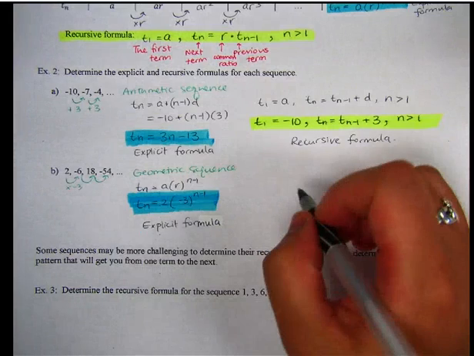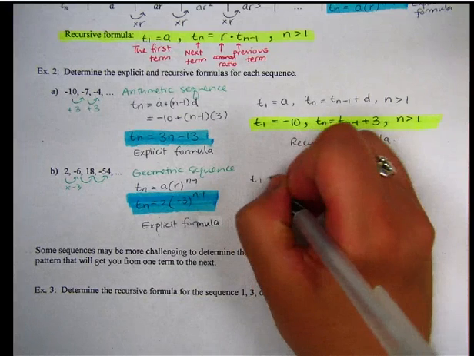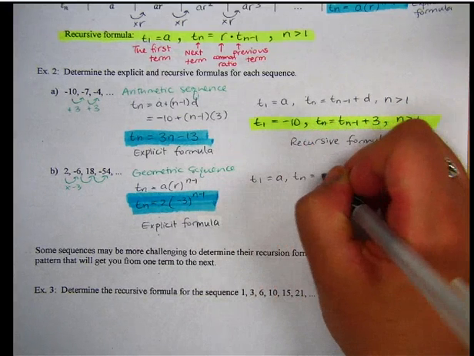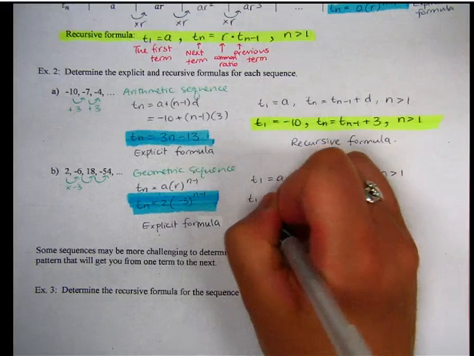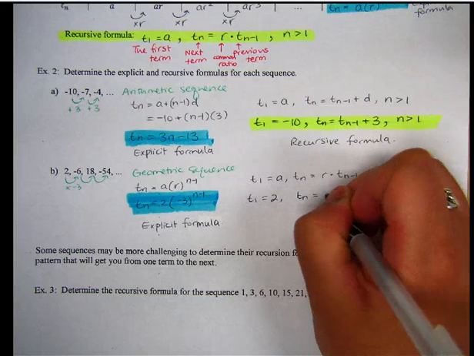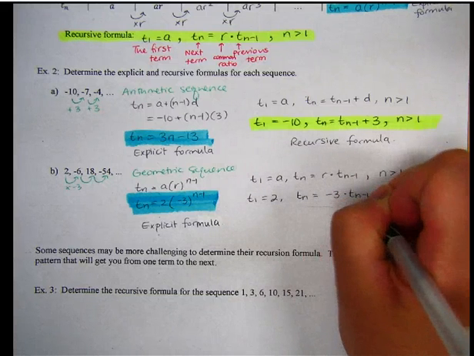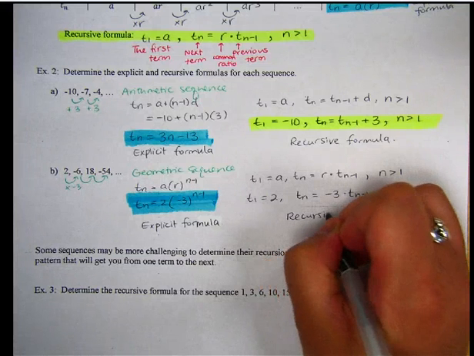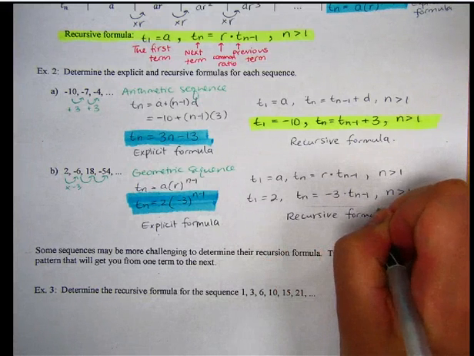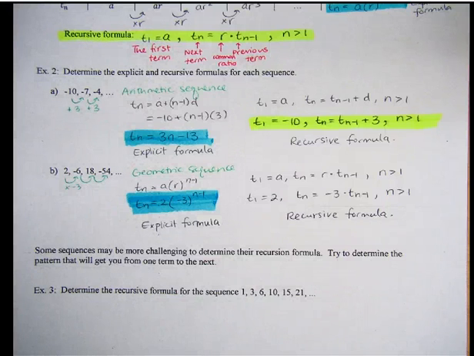For the recursive formula, I know it's t1 equals a, tn equals r times tn minus 1, n is greater than 1. So t1 equals 2. The next term is equal to negative 3 times the previous term, n greater than 1. And that's the recursive formula. We'll go over some more examples in the next video.